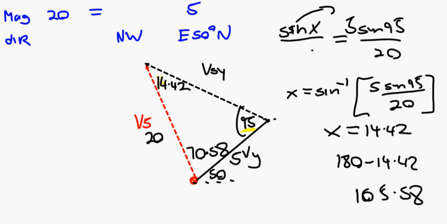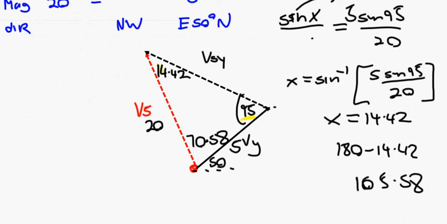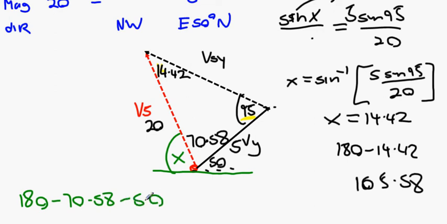Now, what we're looking at is the direction the speedboat must take to intercept the yacht. So what is the direction of the speedboat? The direction of the speedboat relates to this angle here, angle x. Now we have enough for this already. It's going to be 180 minus 70.58 minus 50.